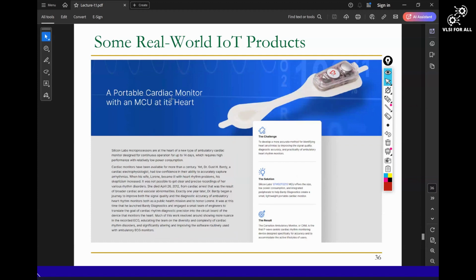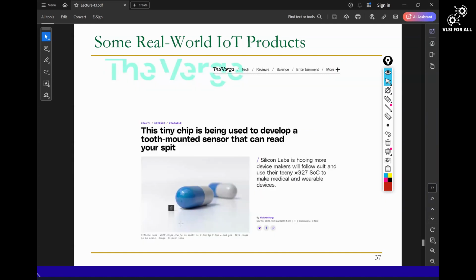You can also monitor your heart health and send that monitoring data to the cloud using a simple handheld device. And you can see a microcontroller as small as 1/10 of a capsule. It will be mounted to your tooth.